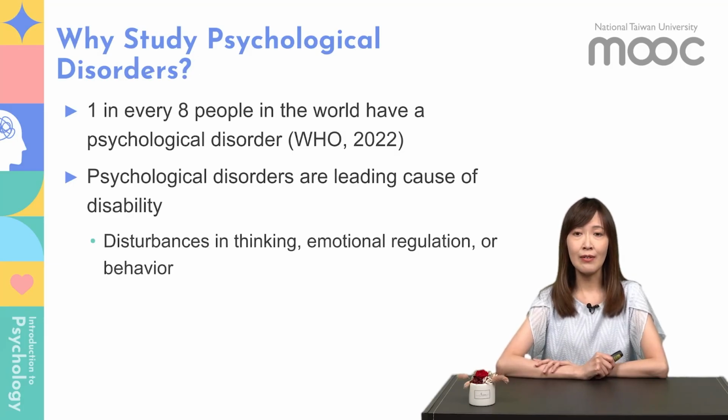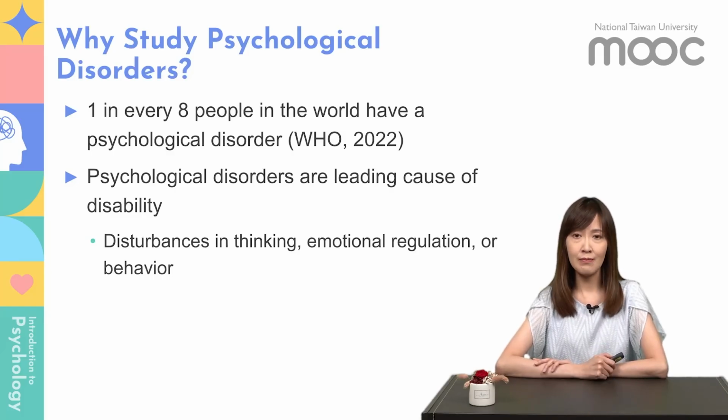It could influence our emotions, our thoughts, and our behaviors. It could happen to our friends, our families, and even ourselves. So it's important to pay attention to psychological disorders. And understanding psychological disorders can help us be more aware of the people around us, seek treatment, and provide support to those in need.